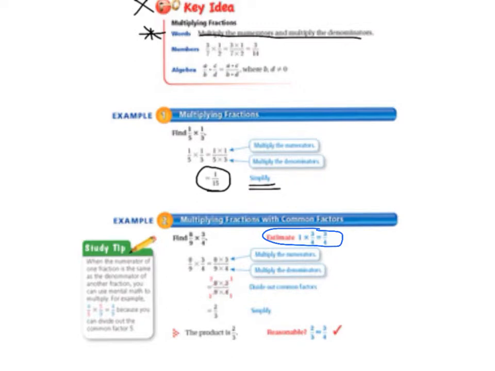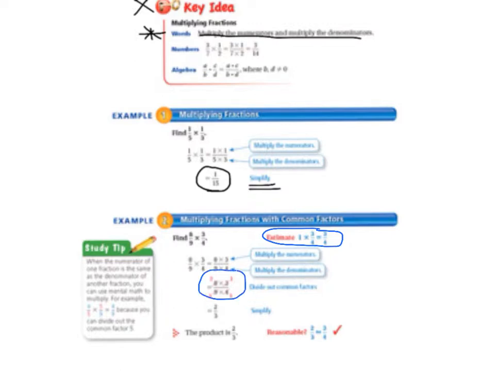So we can take 4 and divide it into 8. 4 goes into 8 2 times. So 4 goes into itself once, so we make that a 1. And it goes into 8 twice, so we make that a 2. And 3 goes into itself once, and 3 goes into 9 3 times. So we make that a 3.